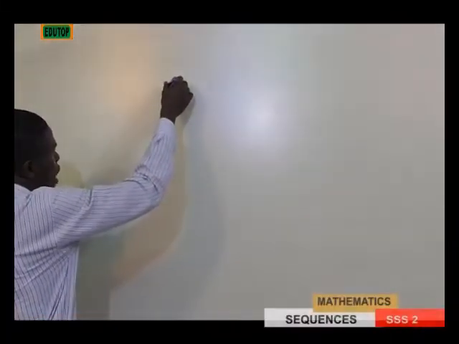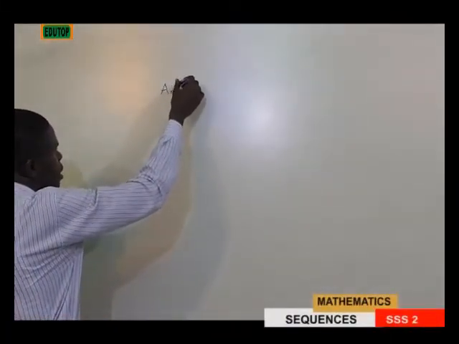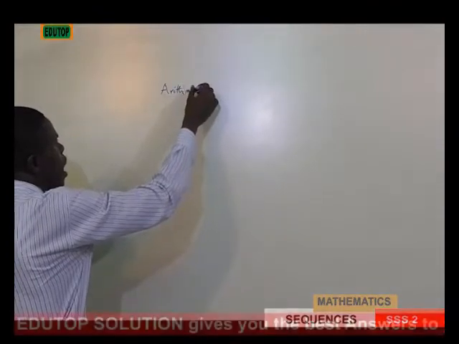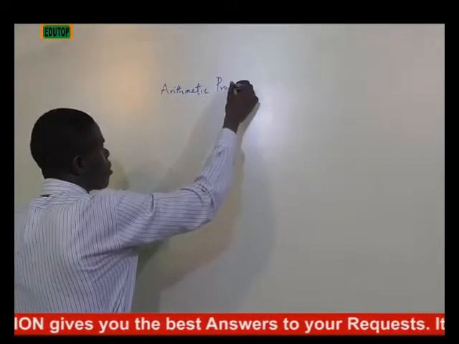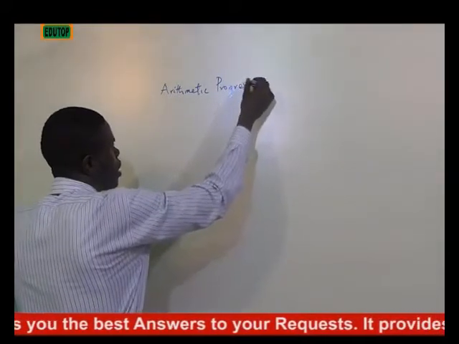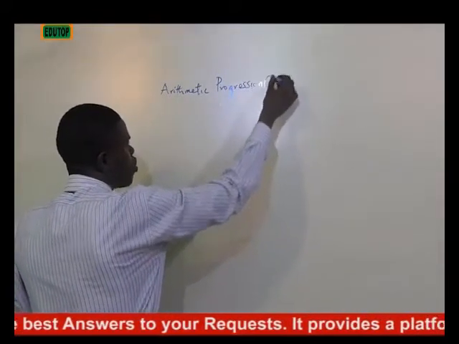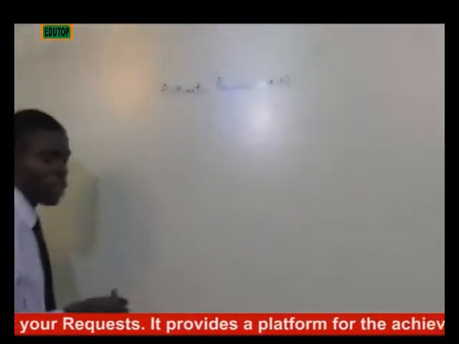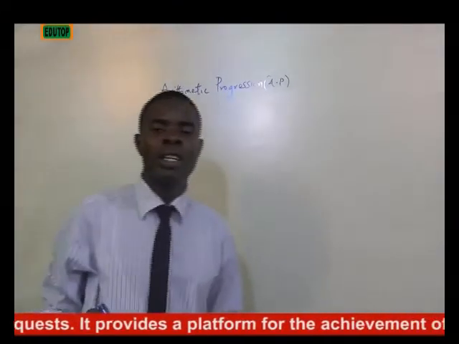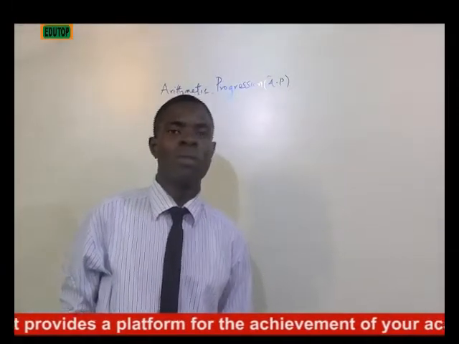what is known as arithmetic progression. In the arithmetic progression, which is also known as AP, we have some terms that are very critical.